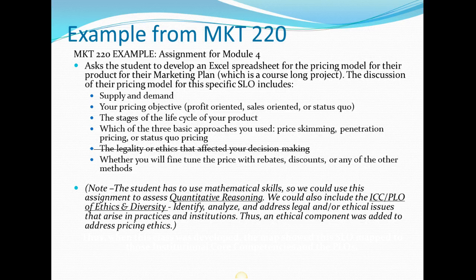I created a separate SLO with ethics as the criteria for the proficiency descriptors, rather than trying to muddy the waters of the quantitative reasoning and add ethics to quantitative reasoning. So separate criteria for quantitative reasoning than for ethics, and so I broke it into two SLOs.